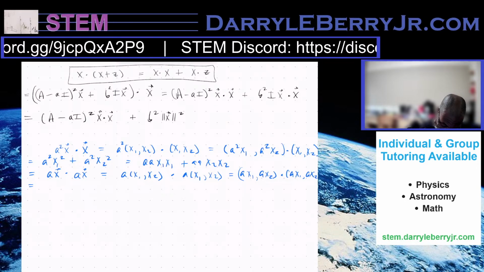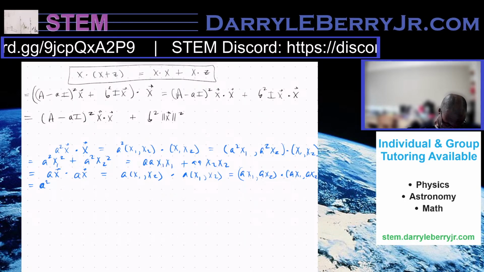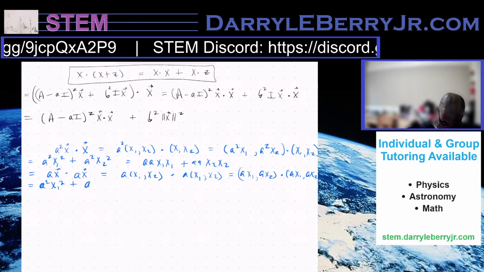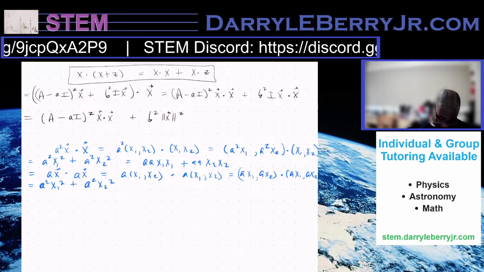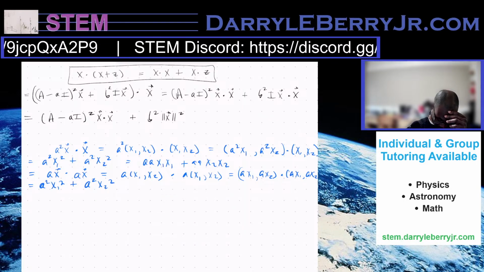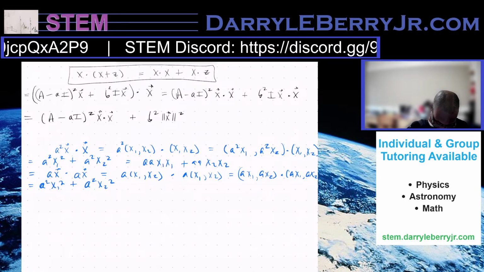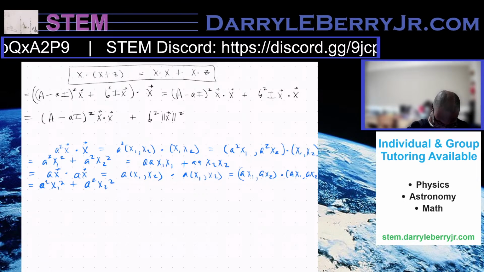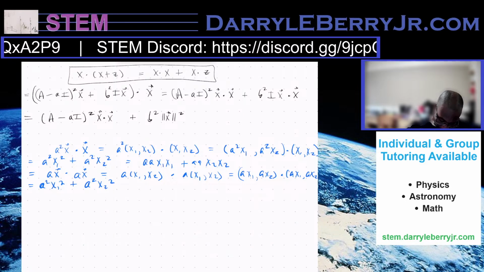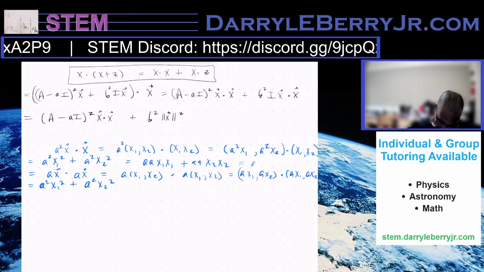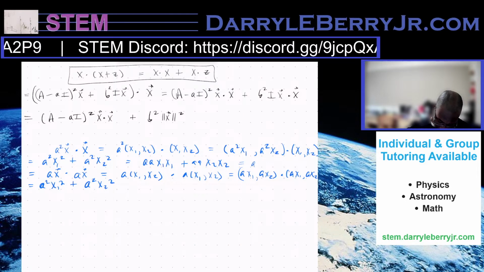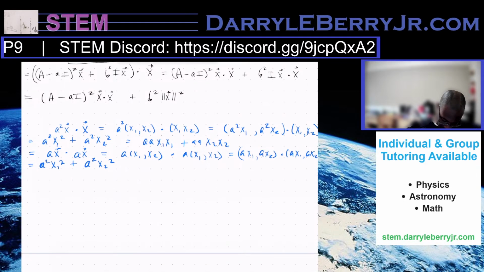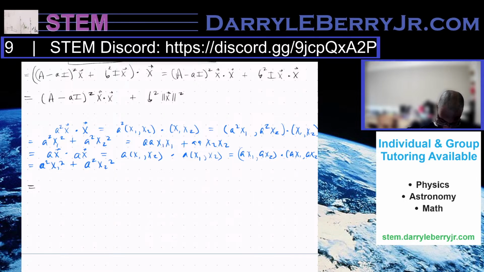So that equals a squared x1 squared plus a squared x2 squared. All right. I think that does the understanding of why that is.